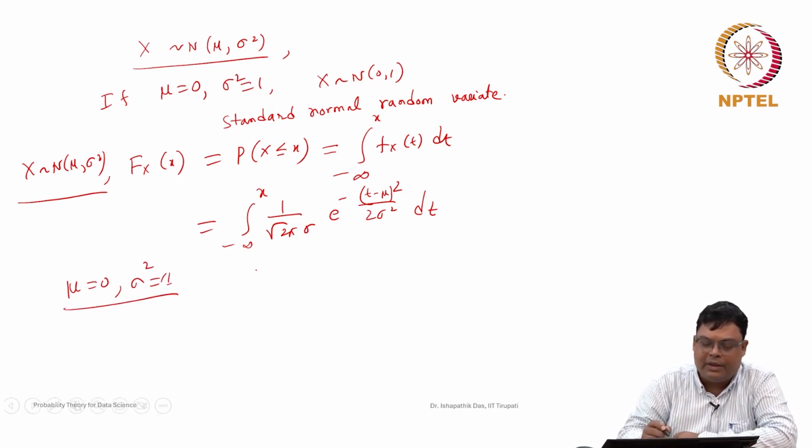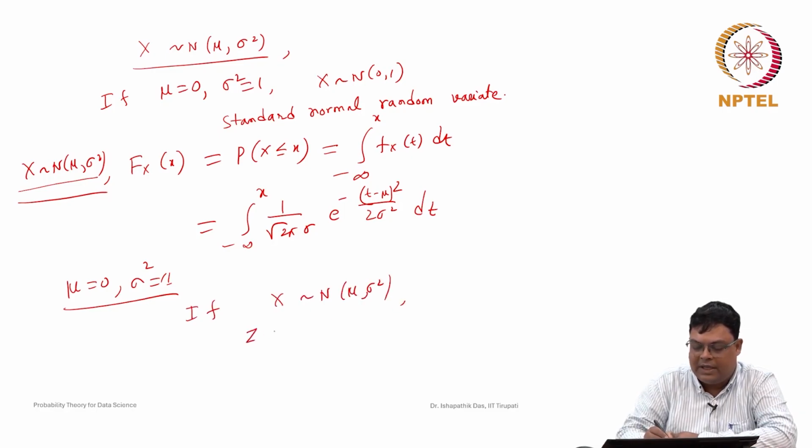Then we can use some kind of transformation for finding the probability of any normal variate. That transformation is like this: if X is normal with mu and sigma square, then Z equal to, if you take this transformation, subtract mu and divide by sigma, it will have a normal 0, 1 distribution.